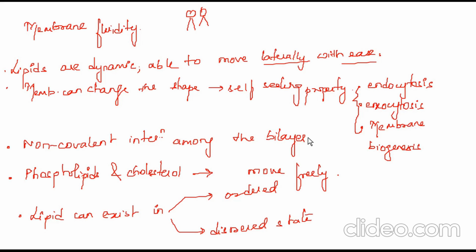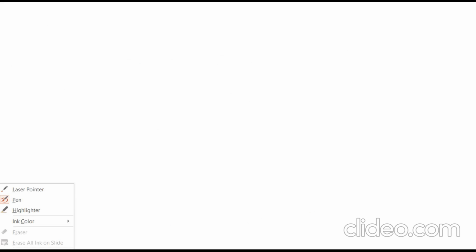When there is any kind of pinching, it is sealed automatically. This movement is because the two lipid molecules have non-covalent interaction. Because phospholipid and cholesterol can move freely in the membrane, the lipid can exist in ordered and disordered states, which we will discuss in detail.